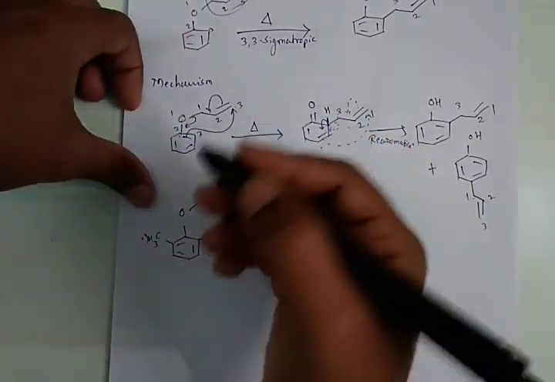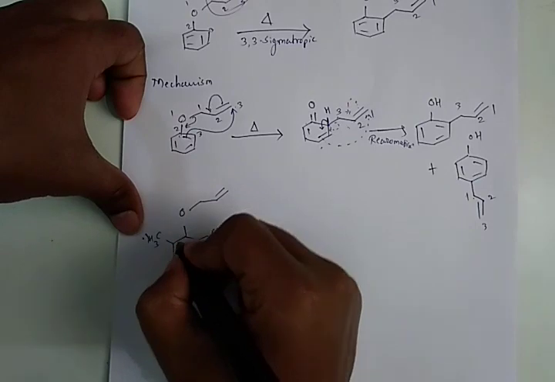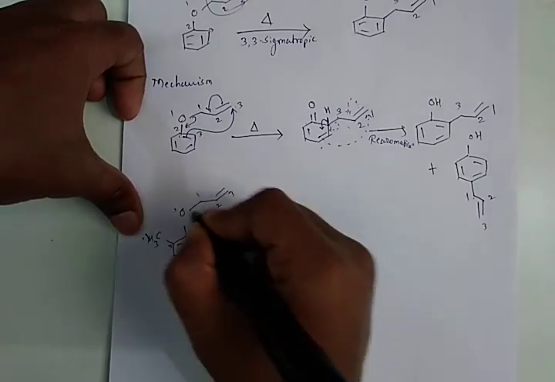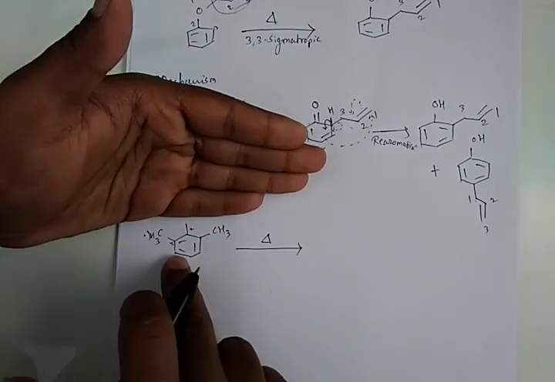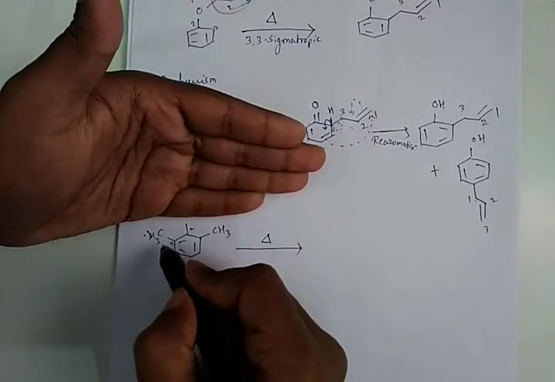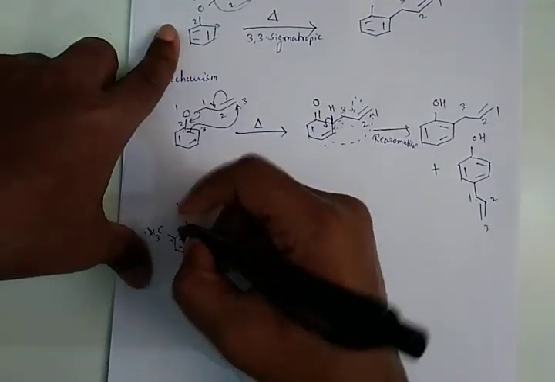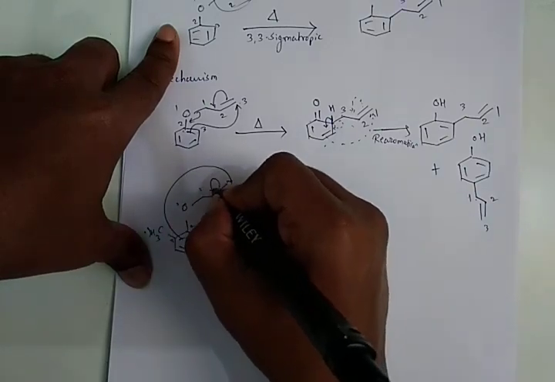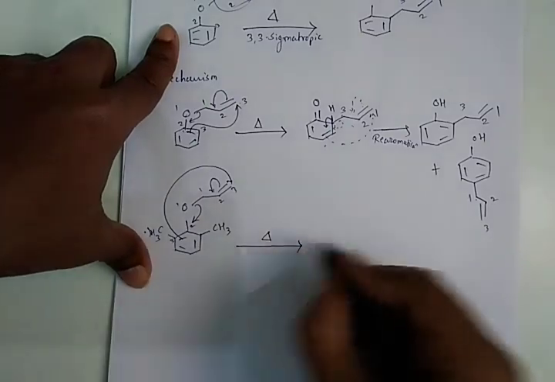I have just shifted the double bonds, no problem. So I have 1, 2 and 3, I have 1, 2 and 3. The structure is very symmetrical in the ring, so it doesn't matter whether this carbon attacks or this carbon attacks. And if this carbon attacks, then you go in such a manner.